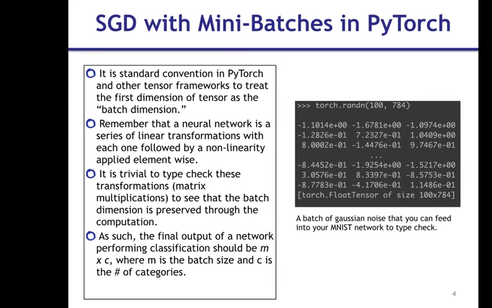Okay. So basically, part of Recitation, we're going to go into how you guys actually can implement this using PyTorch. So one of the standard conventions in PyTorch, and also what makes using mini batches more efficient, is that we take the first dimension of our tensor to be the batch dimension.